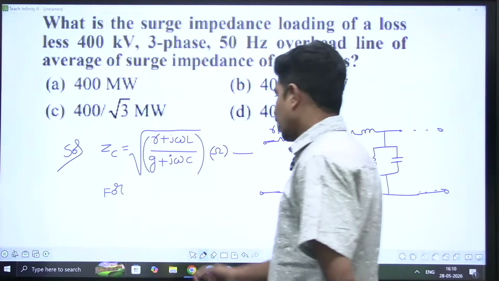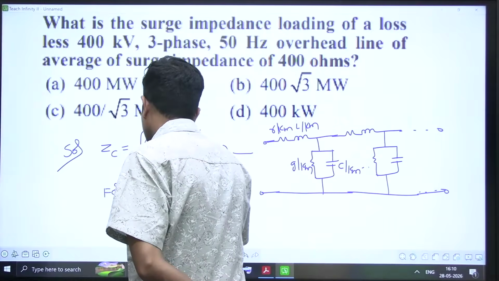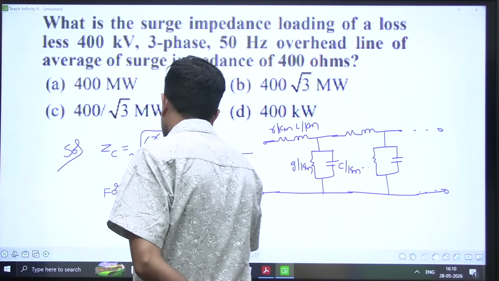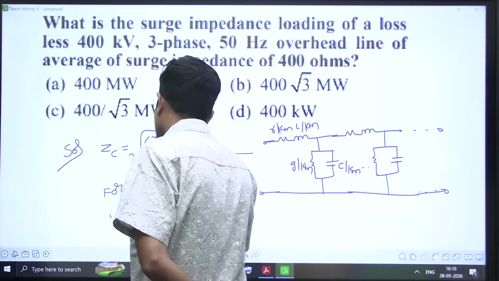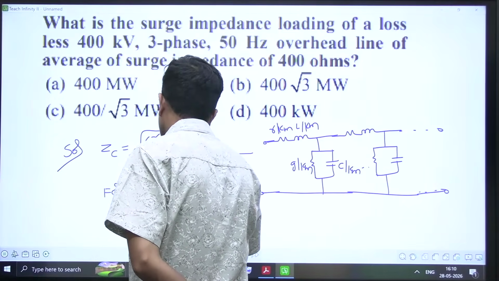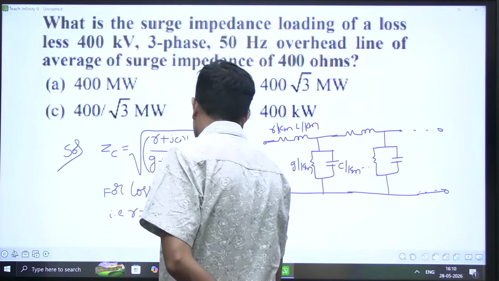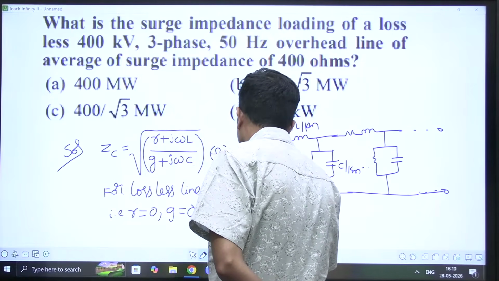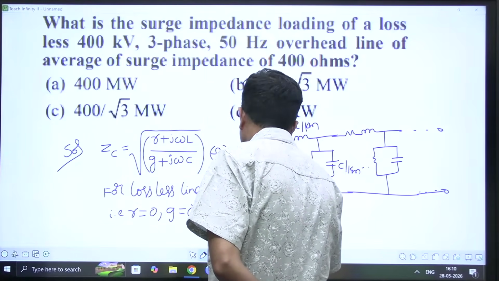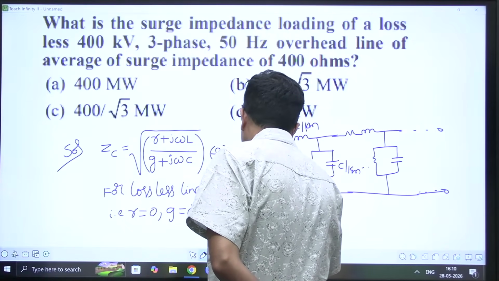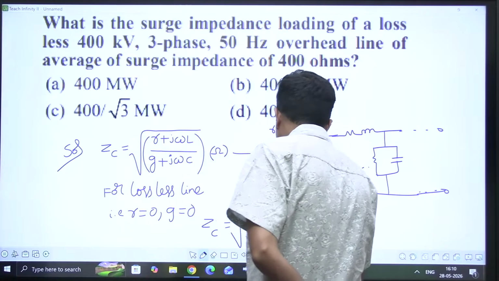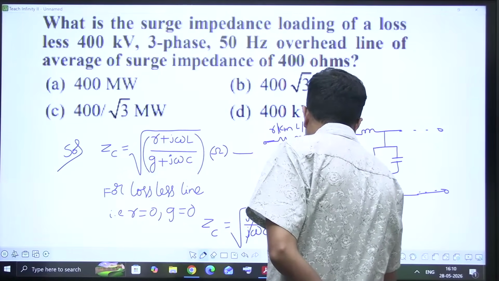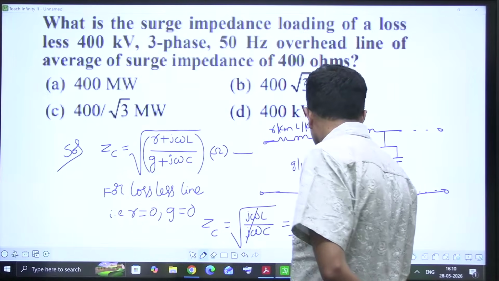For a lossless line, that is R equal to 0, G equal to 0, ZC is equal to under root of j omega L by j omega C, j omega gone, under root of L by C ohms, right?